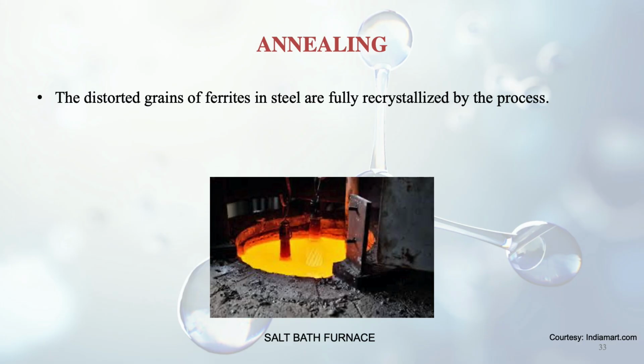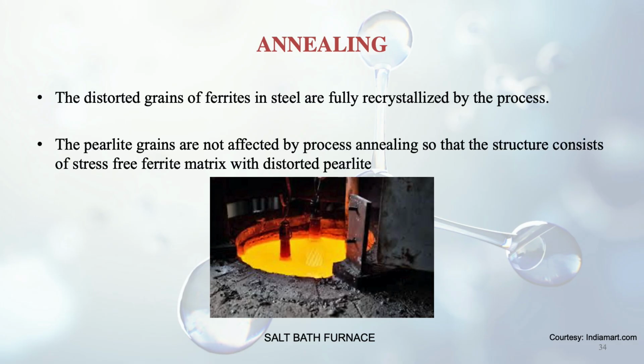So it is below the A1 critical line. The distorted grains of ferrite in steel are fully recrystallized by this process of annealing, which is called process annealing.